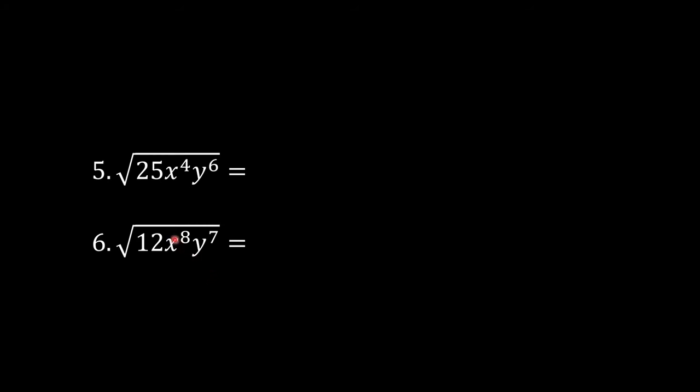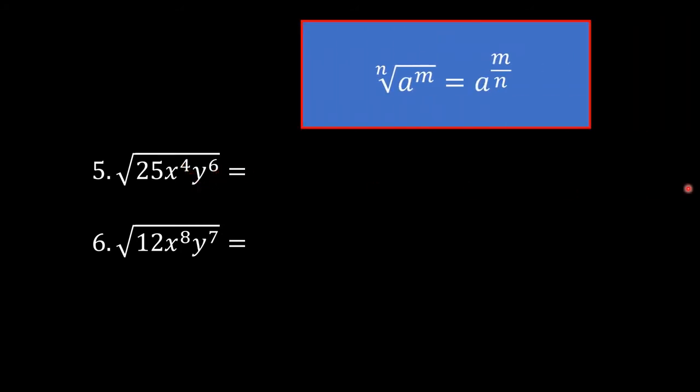Number 5. The square root of 25x raised to the exponent of 4, y raised to the exponent of 6. The square root of 25 is 5. How about the square root of x raised to the exponent of 4 and y raised to the exponent of 6? Apply this rule. The nth root of a raised to m is equal to a raised to m over n.